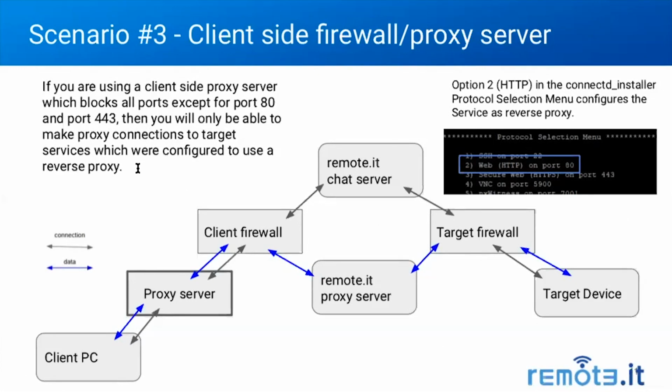I don't actually think that this is a very common scenario, but if you are behind a proxy server like this, you will have pretty serious limitation in how you can use remote.it. It's simply because the other ports are not allowed through. And when you're setting up services on the device using our connectee installer, for example, on a Raspberry Pi, this option 2 that says web HTTP will configure the service as a reverse proxy.